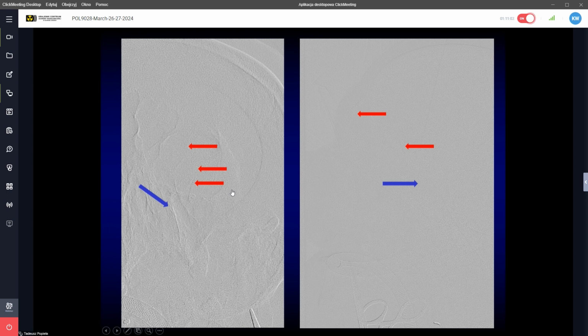The venous system is not adapted to such a large volume of arterial blood. So it goes back to the ophthalmic veins, and as you remember, the ophthalmic veins are located in the orbital cavity.